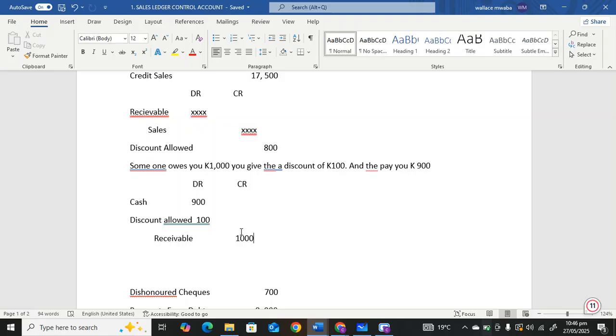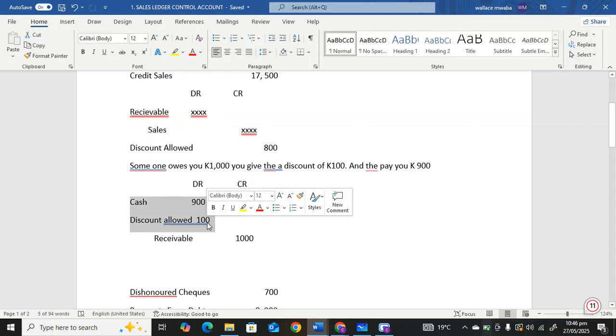On the debit side or the credit side? Since they're going hand in hand, where will you put them in the receivables control account? Yes, on the credit side.